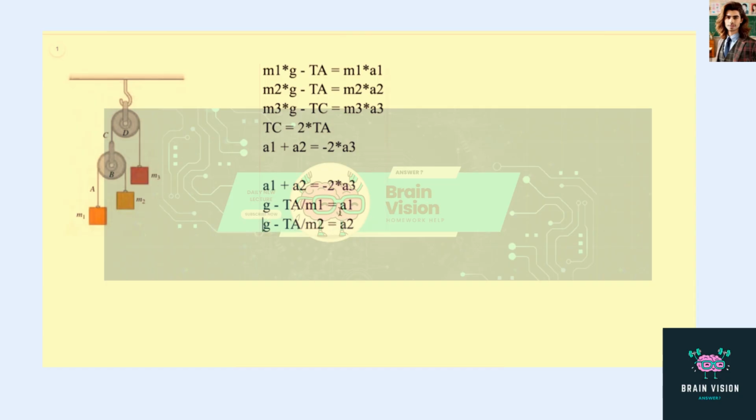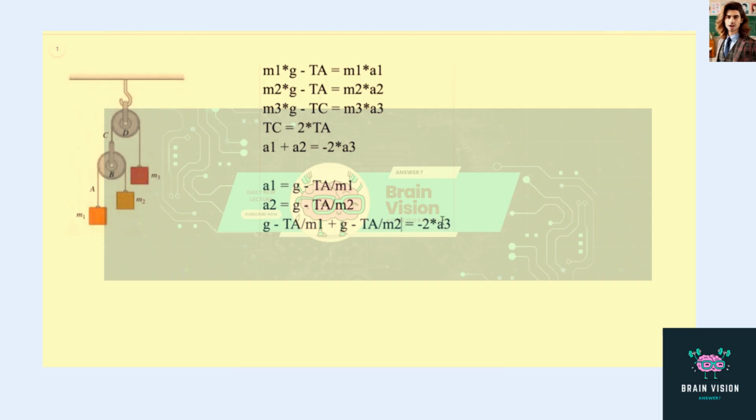So here we end up with A1 and A2. So once we have this, we can substitute that into this equation here. So I'm going to plug in this A1 here for this, and I'm going to plug in our A2 here for this.